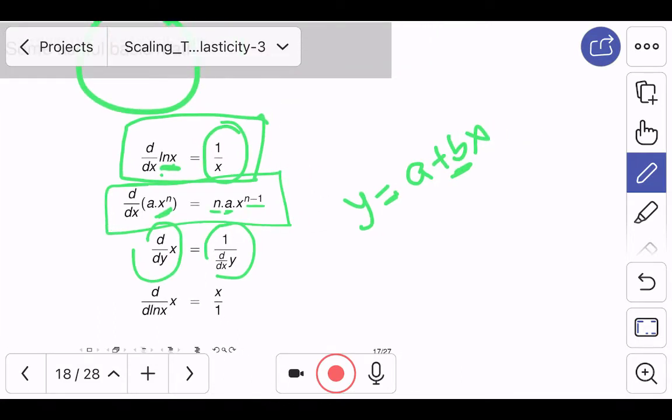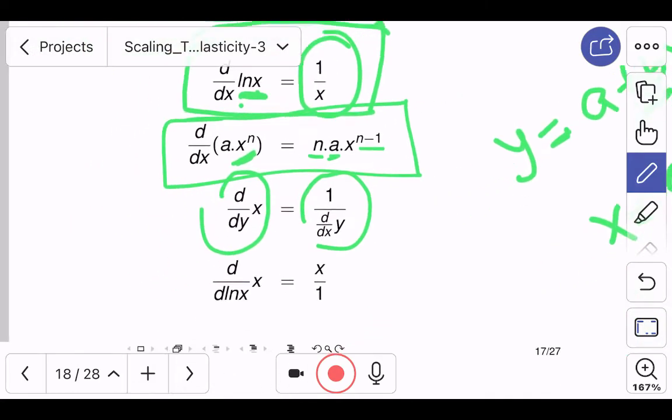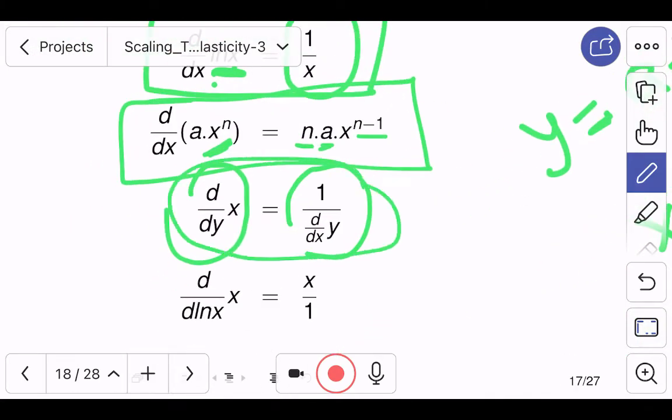Well, if you inverted this so that you had something called c plus dy, okay, I don't mean do that, but mathematics doesn't care. If you invert it, then d is equal to 1 over b. It has to be. And that's a good simple example of why this is true.